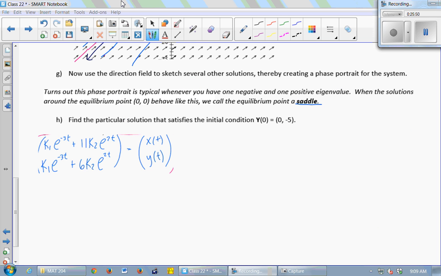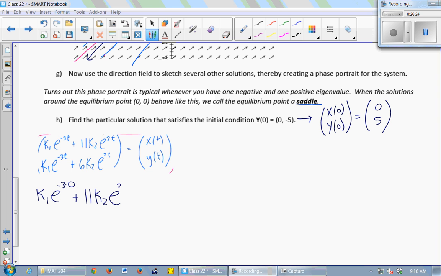Okay, so I got my general solution written down here. So y of 0 is 0, -5. So what that means is that x of 0, y of 0 equals 0, -5, right? Because that y is bold, which means it's a vector, which means it's actually an x, y. So x of 0 is 0. So when I plug a 0 into my x coordinate of this vector, I got to get 0. So I'm going to have k1 e to the -3 times 0 plus 11 k2 e to the 2 times 0.